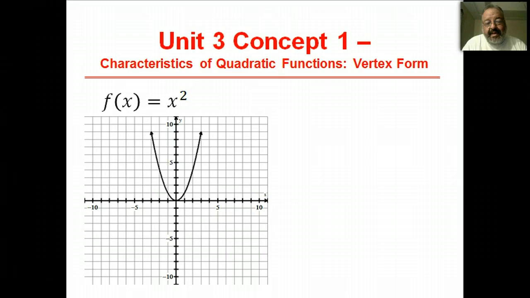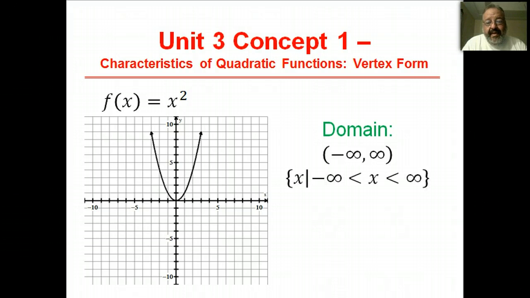It's a parabola with a vertex at (0, 0), and the domain in interval notation is from negative infinity to positive infinity. It goes forever to the left and to the right. In set notation: x such that x is between negative infinity and positive infinity.